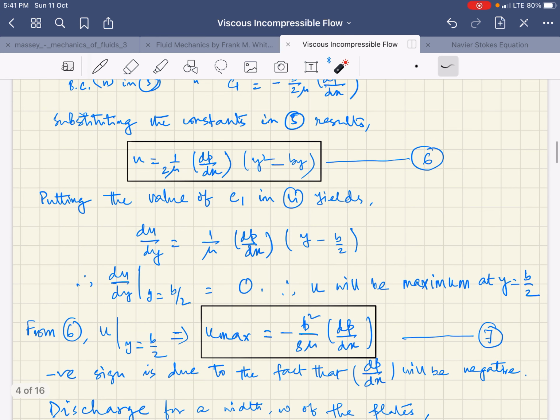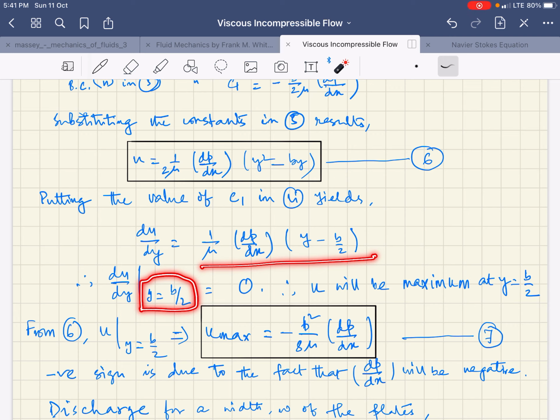Also you can get the condition of maximum velocity, which means we need to put du dy equals 0. If you find this du dy, it becomes equal to 0 at y equals b by 2.